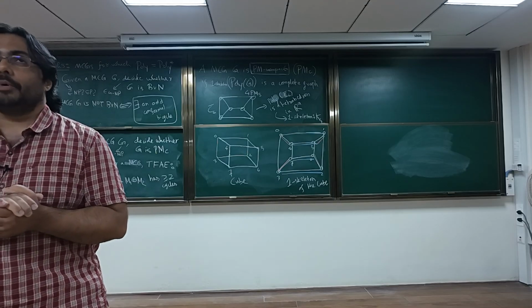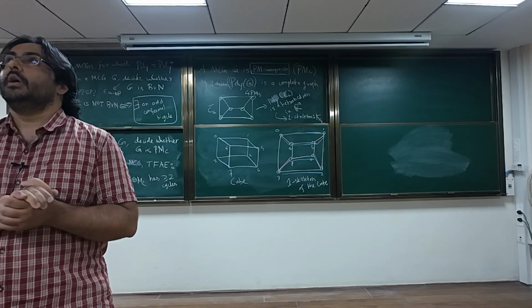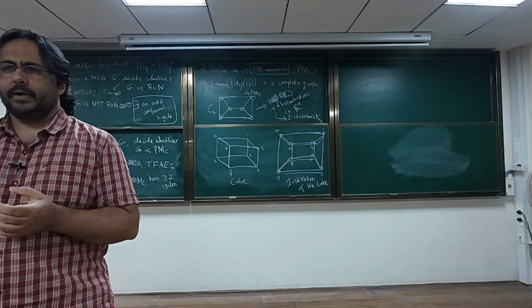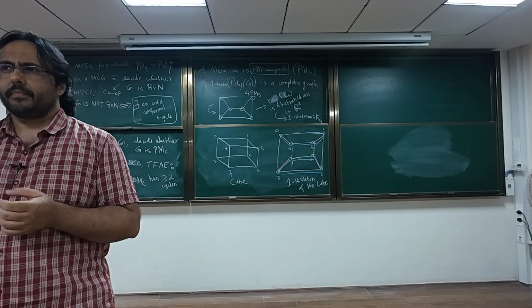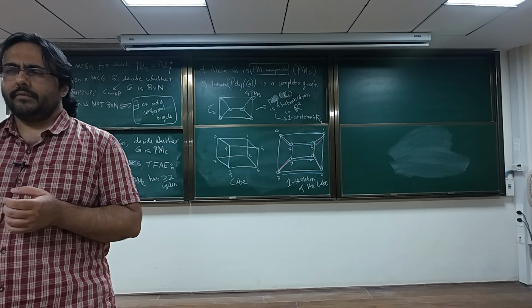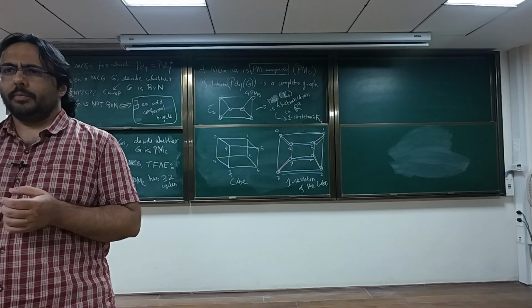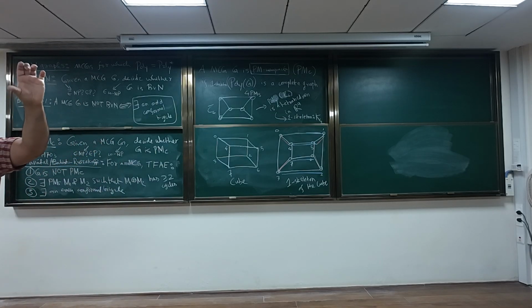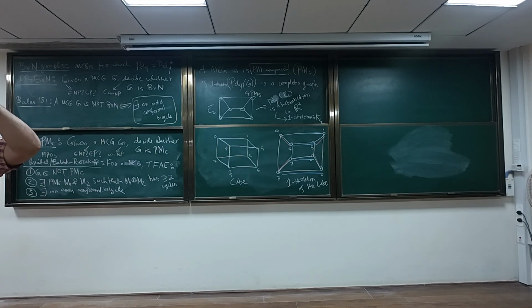Is the perfect matching polytope of the cube also a cube? No. You will have to check how many perfect matchings there are in the cube. Every edge in the cube belongs to how many perfect matchings? I take this edge, I have a ladder. A ladder has how many perfect matchings? 1, 2, 3.